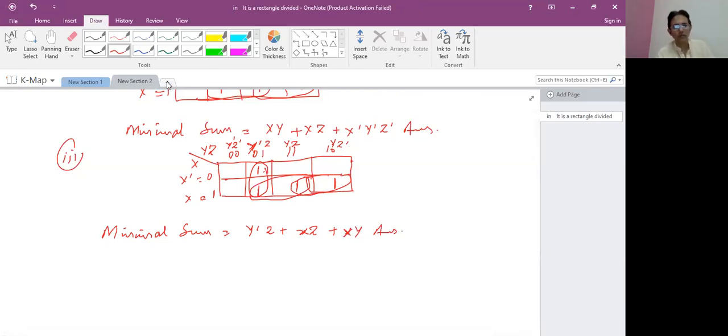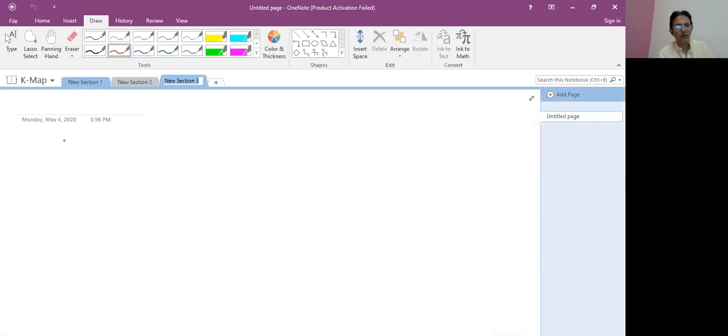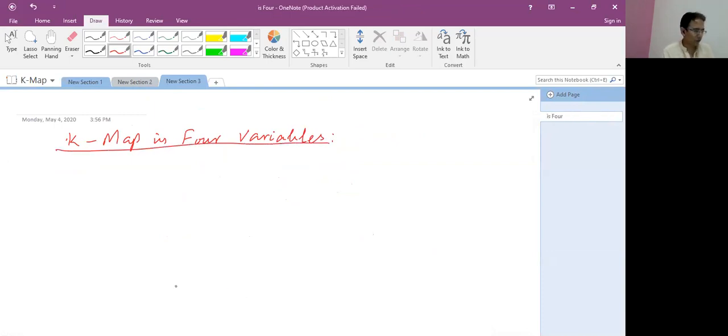Now student, we will consider the K-map in 4 variables. K-map in 4 variables means it has 4 variables, so 2 raised to the power 4 is 16.